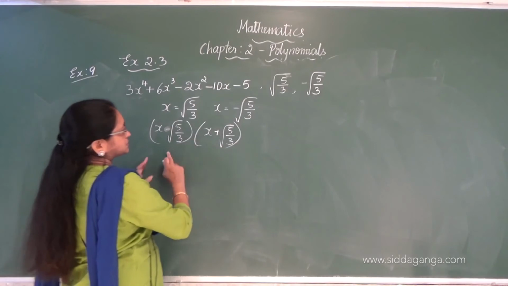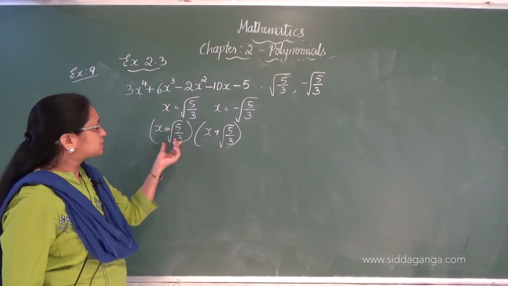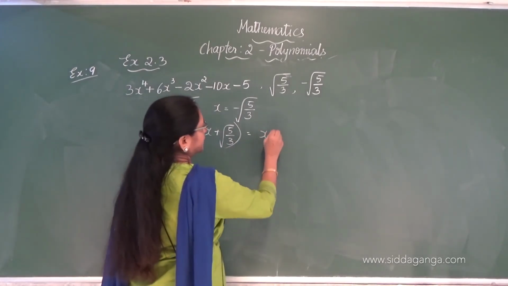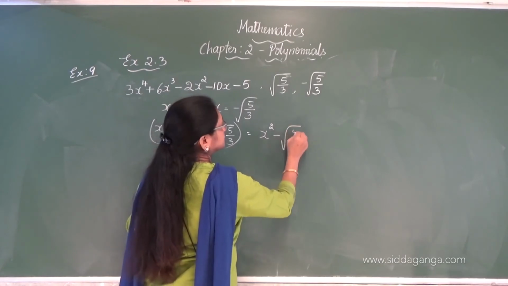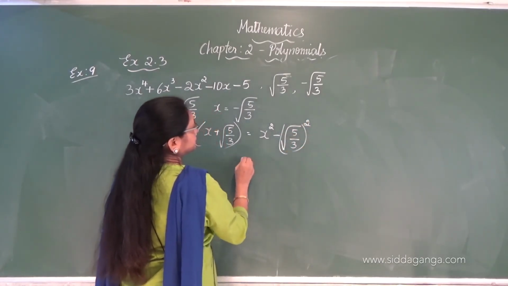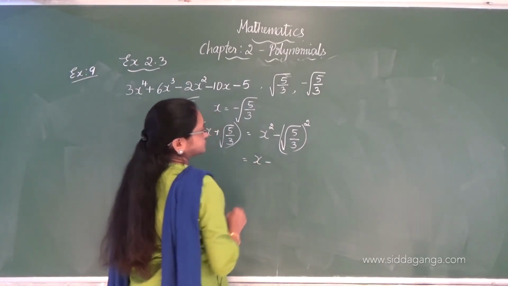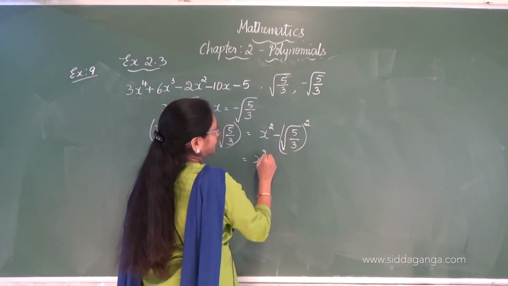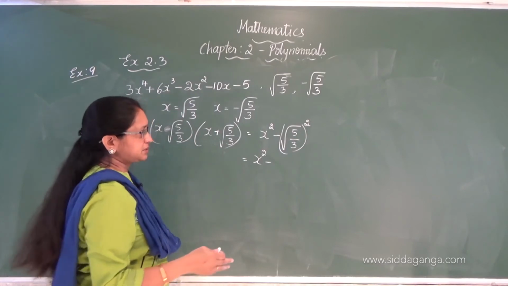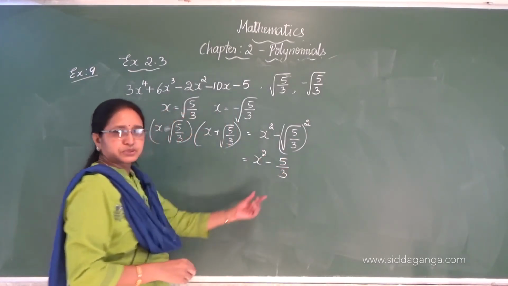When you multiply these, use the identity (a plus b)(a minus b) equals a² minus b². So you will get x² minus root 5 by 3 into root 5 by 3, which again is 5 by 3. I hope you understood this.